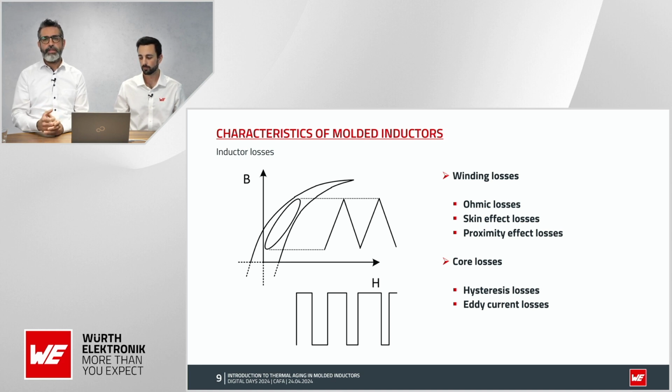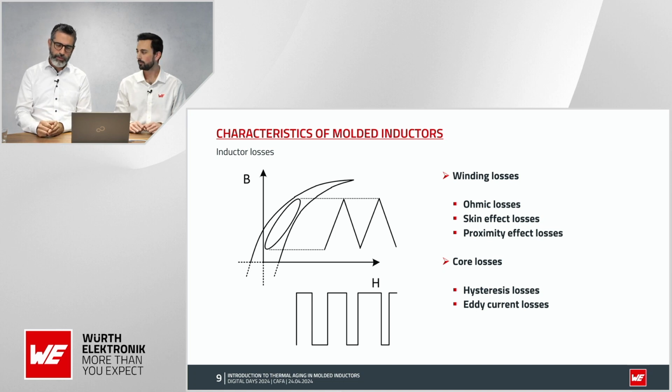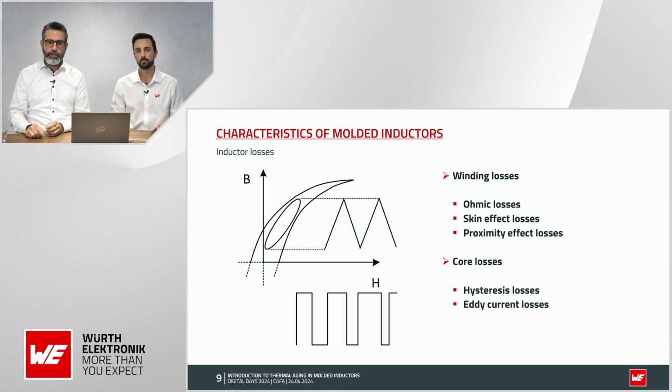And then we have eddy current losses, which are the main point to talk about later regarding thermal aging. Eddy current losses depend on frequency as well, and they will start at high frequencies in the core material.